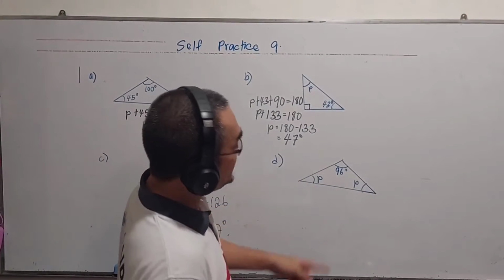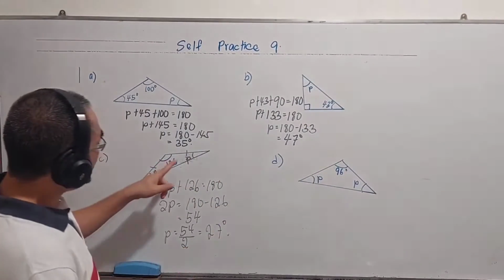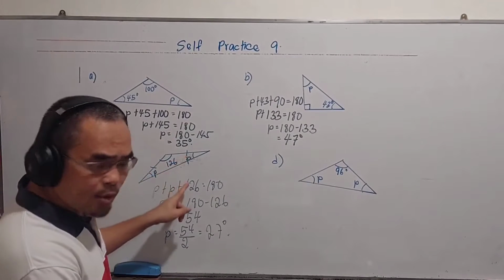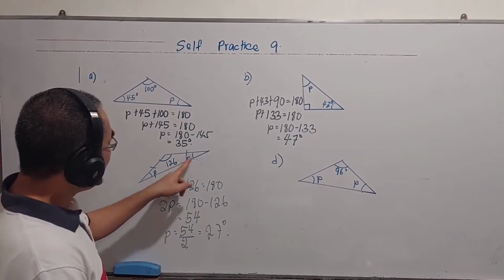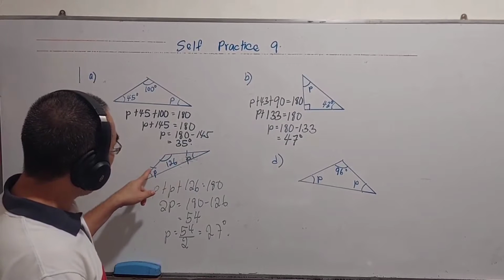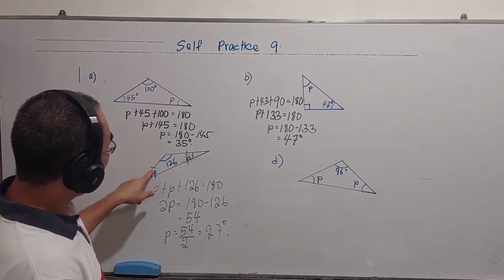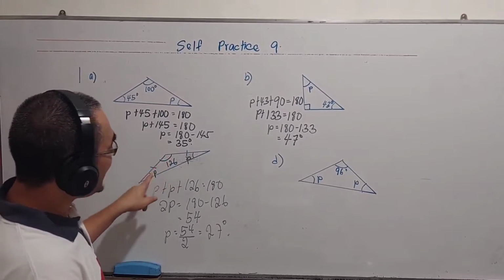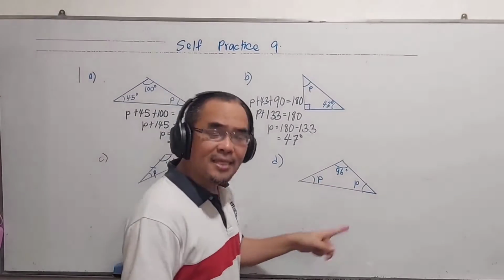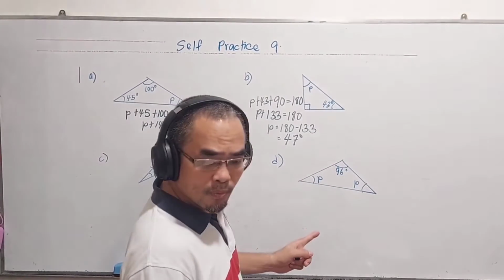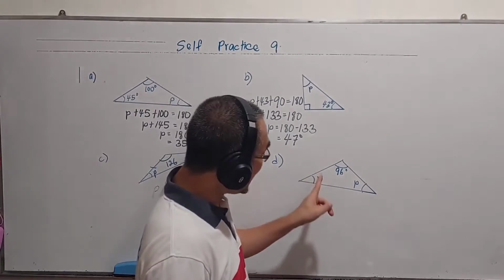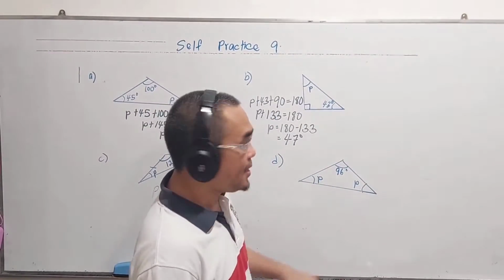How about this one? This one is the same. How do I know that these two angles are the same? Because in the label there is an indication here. These two lengths are the same. So this one is also an isosceles triangle. How do I know? Because it's labeled P and P. Okay?